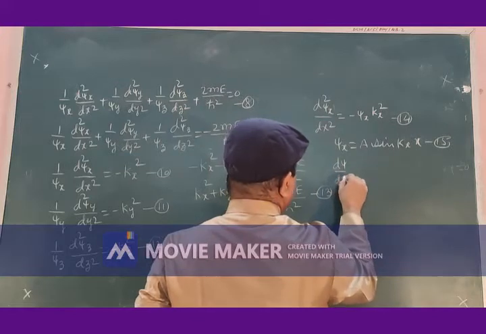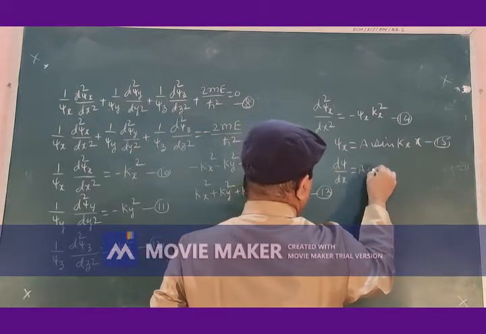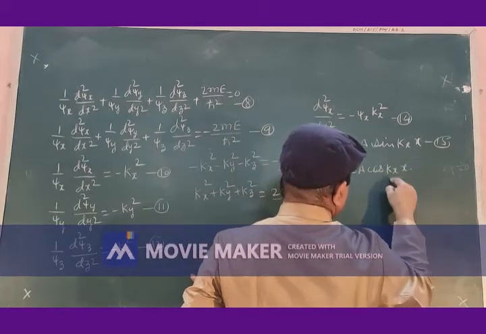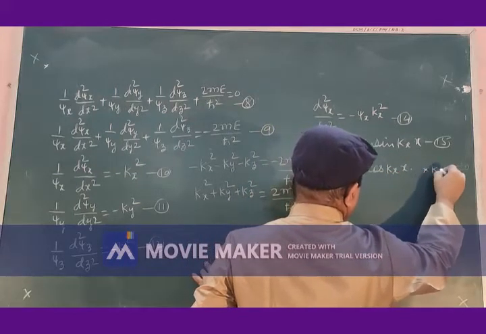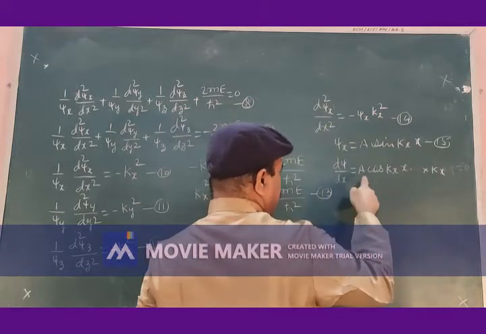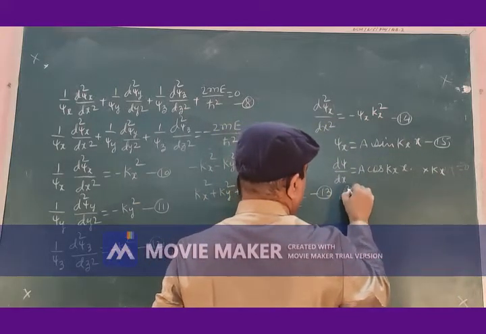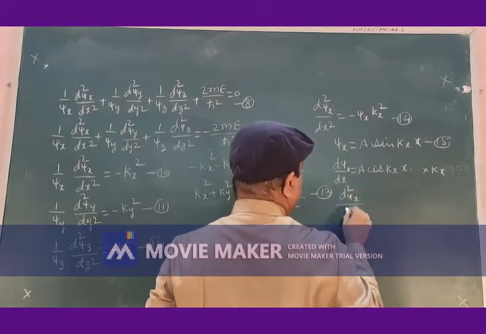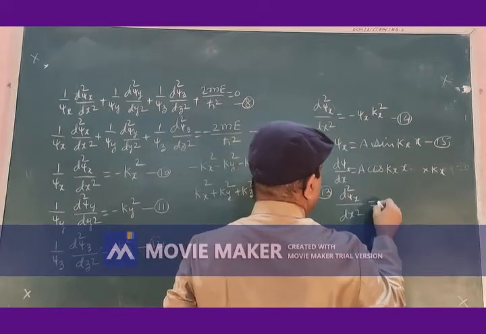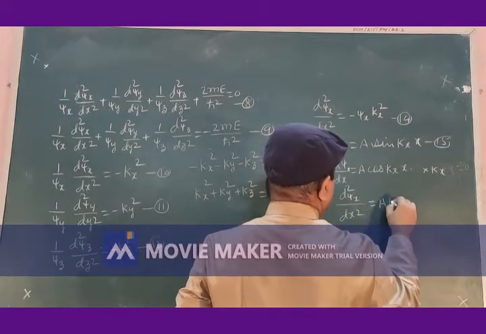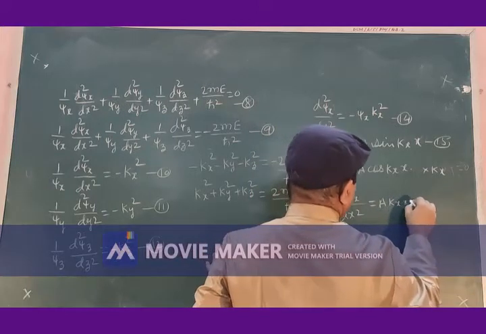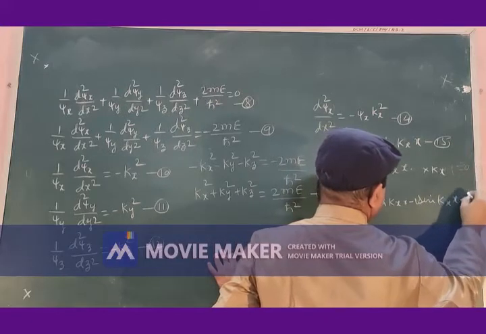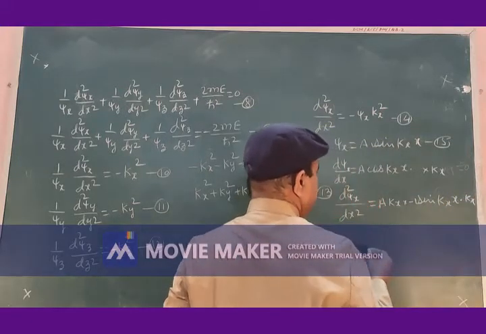d psi by dx is equal to a cos kx x into kx. Let us differentiate this once more. d2 psi x by dx square is equal to a kx into minus sin kx x into kx.